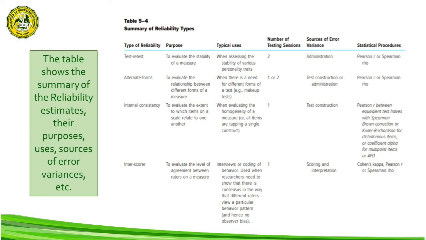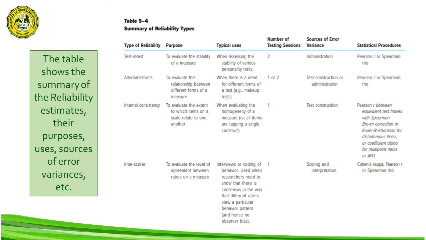I will discuss it pa naman. So, lastly, sa inter-scorer reliability, yung focus niya is on the scoring and interpretation. So, kasi nga, inter-scorer, reliability siya. So, ang focus niya is on scoring and interpretation. The purpose is to evaluate the level of agreement between raters on a measure.